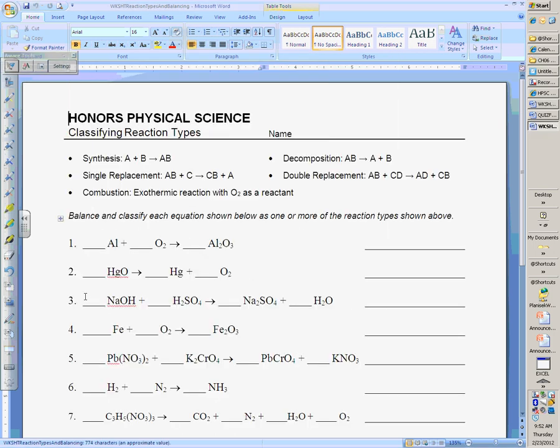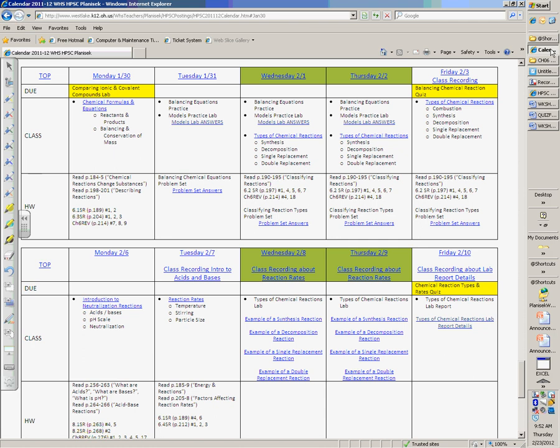It says classifying reaction types. So this was also a practice for balancing, but also classifying those different reactions as single replacement, double replacement, whatever. The answers to this problem set are posted online Friday, February 3rd. Okay, so it says classifying reaction types problem set. The answers are there.